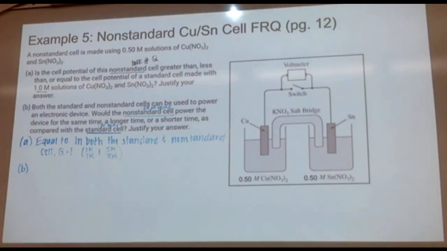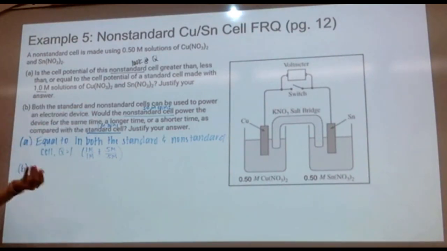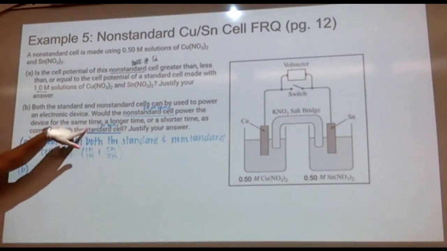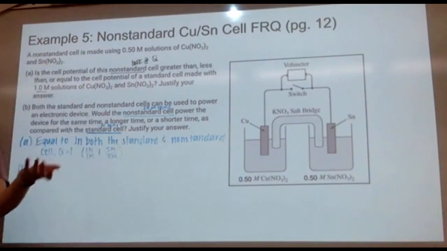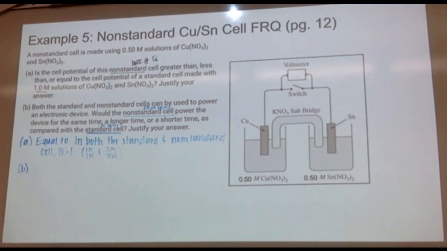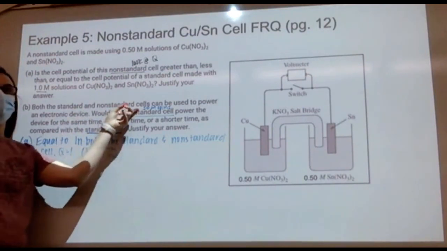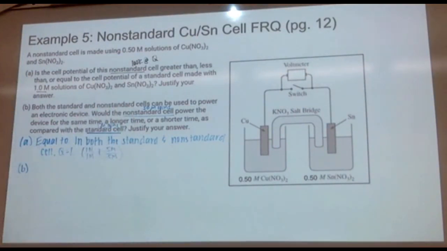Which one of the cells, the non-standard or the standard, has more stuff in it? Standard. The one that has more stuff is the one that's going to last longer. So we're comparing the non-standard. It has less stuff, right? I keep saying stuff, but it has less reactants. Less reactants means it's going to run for less amount of time.